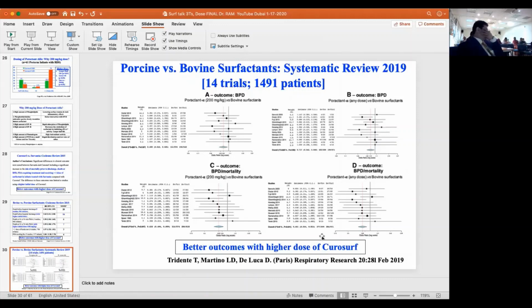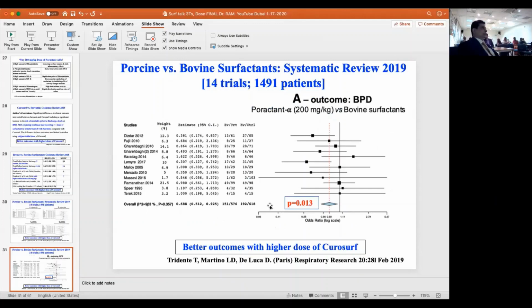You can see any dose, there are better outcomes with Curosurf. And I'll show you better. Here is higher dose with all other bovine surfactants. You can see the relative odds ratio significantly lower. Confidence interval is less than 1. So clearly, you have better outcomes if you use a higher dose.